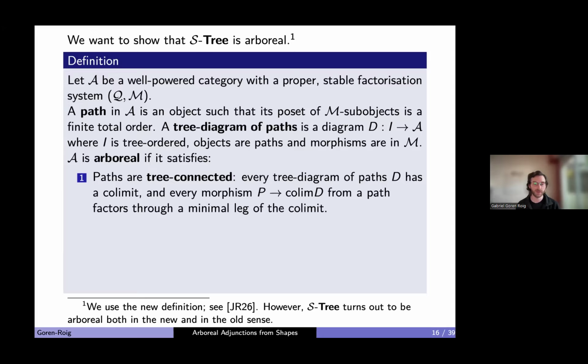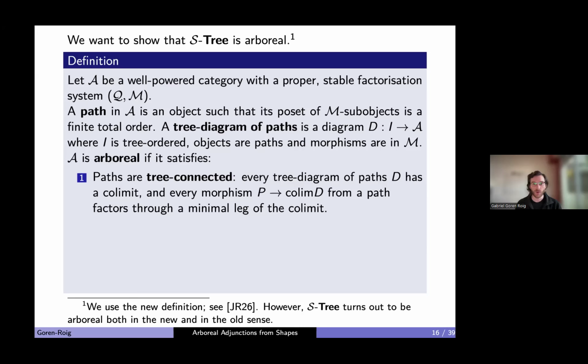Q and M are classes of morphisms in our category A. And what it means for this to be a factorization system is that any morphism can be factored as a morphism from Q followed by a morphism from M. We'll call the morphisms from Q quotients and the morphisms from M embeddings. So those are the names, the intuition.